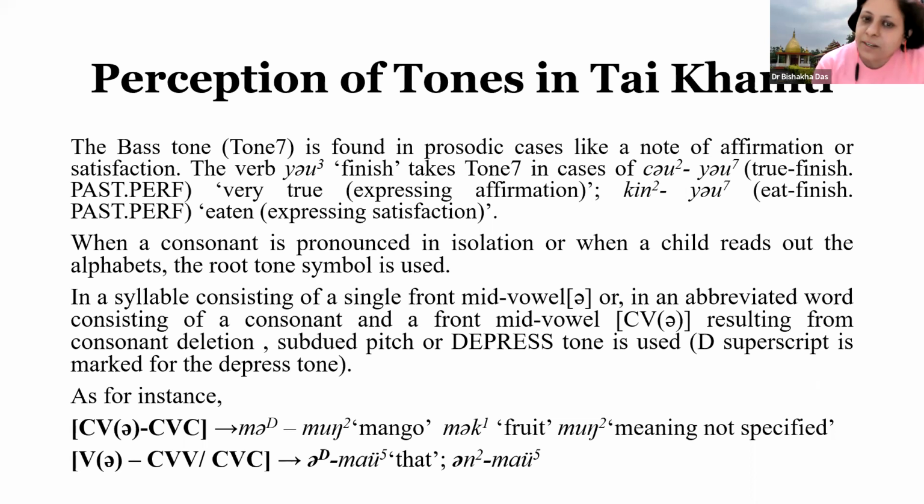But in script, I have always marked it as high level tone. Otherwise, it is very difficult to mark depressed tone. So in script, I have always marked it as high level tone, but in pronunciation, it's actually a depressed tone, mamung. Or unmau is pronounced as amang. So this a is perceived as a depressed tone. This is all about this perception of tones in Thai Khamti.